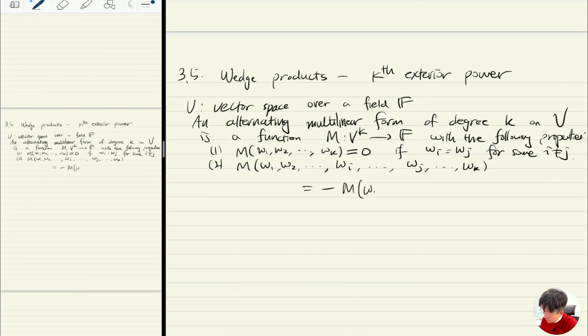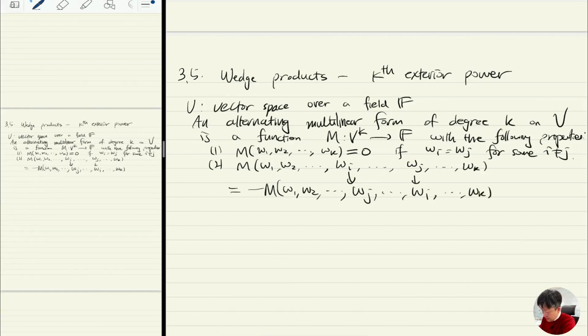It's not clear how to write this clearly, but what I mean is it's minus m of w1, w2, ..., wj, ..., wi, ..., so this becomes wj and this becomes wi.